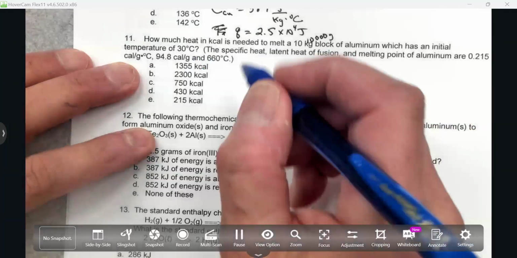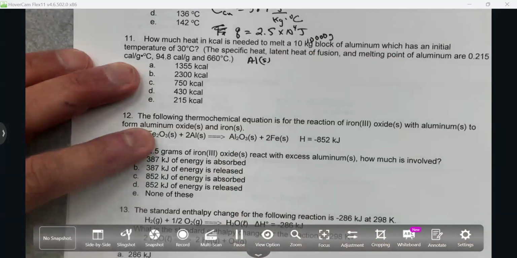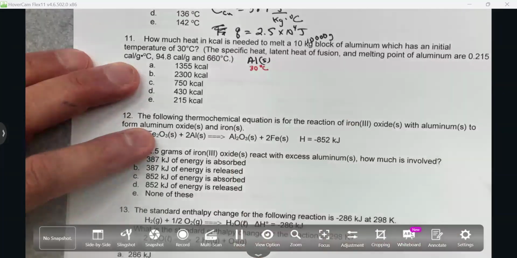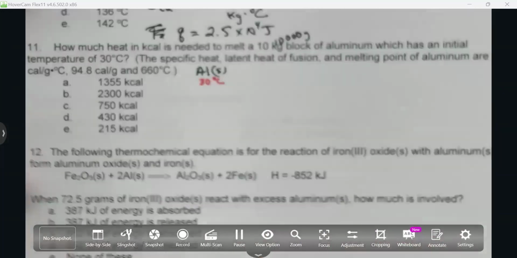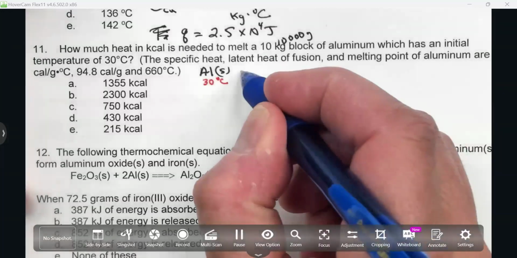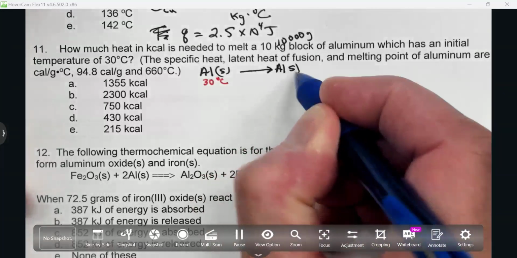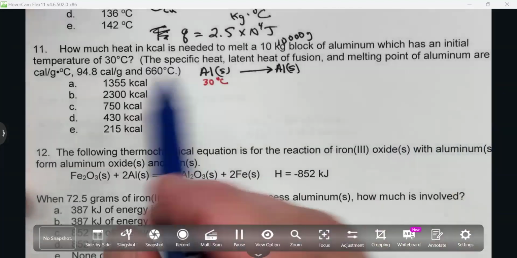Okay. So we have aluminum solid at 30 degrees Celsius. We have to melt it. We have to get it to aluminum solid, stays solid, no phase change, at its melting point temperature of 660.